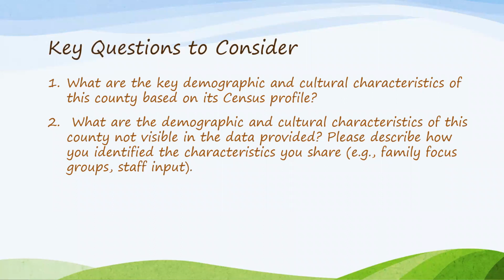What are the demographic and cultural characteristics of this county not visible in the data provided? Please describe how you identified the characteristics you share. For example, family focus groups, staff input. Respond to this question based on the other data you pulled in, as well as other sources of information available to your group.